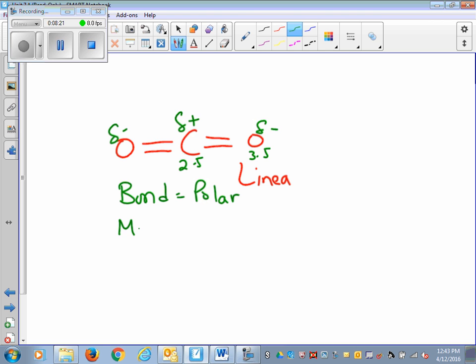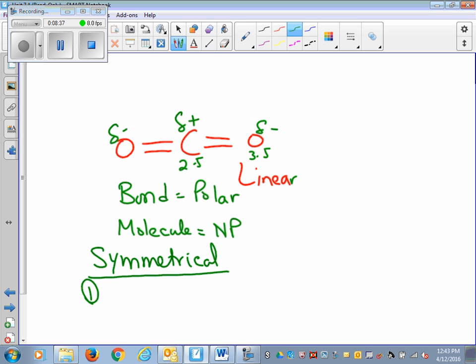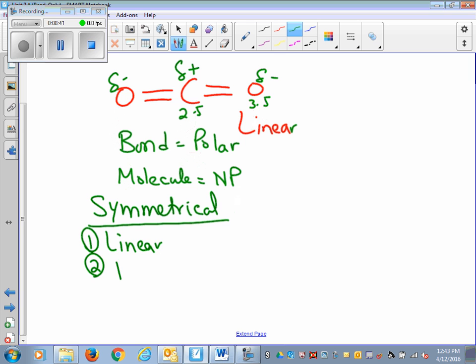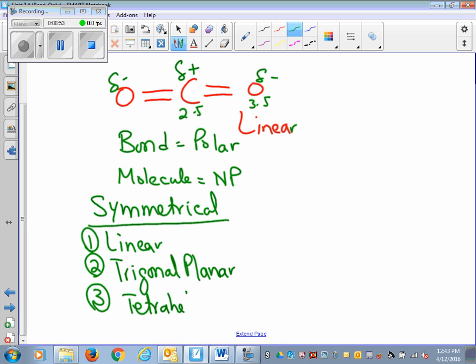But the molecule is non-polar because it is a linear shape, and linear is a symmetrical shape. One more time, I'm going to rewrite it. What are the symmetrical shapes? Linear, trigonal planar, and tetrahedral.